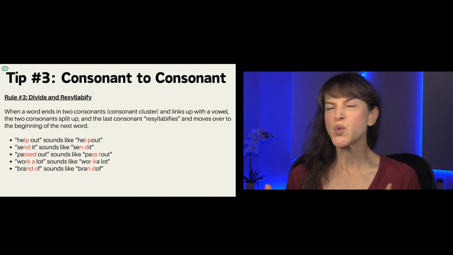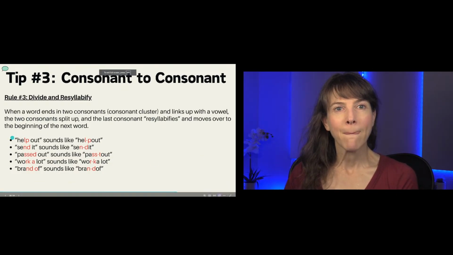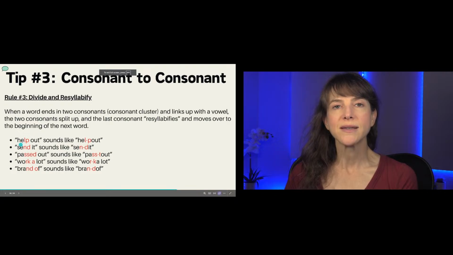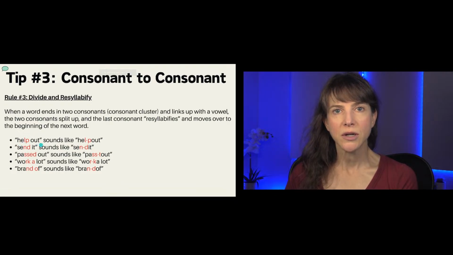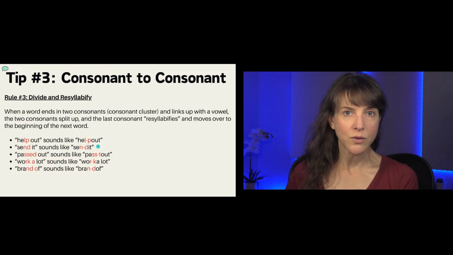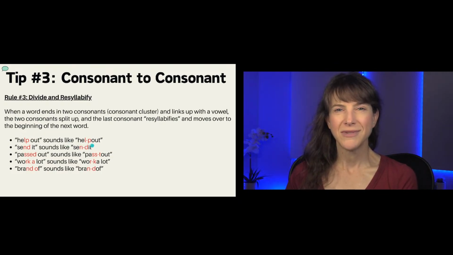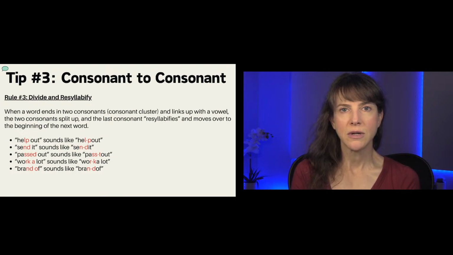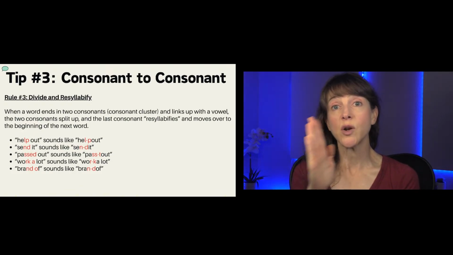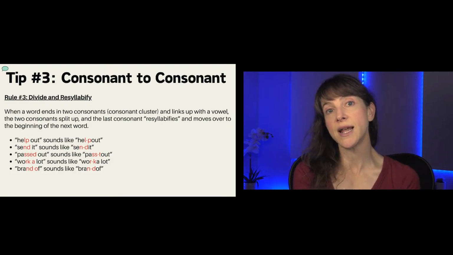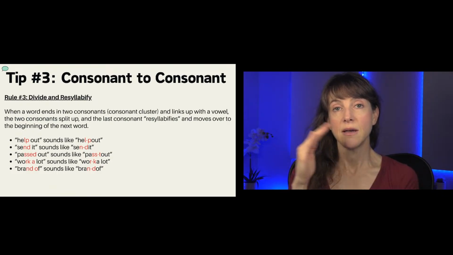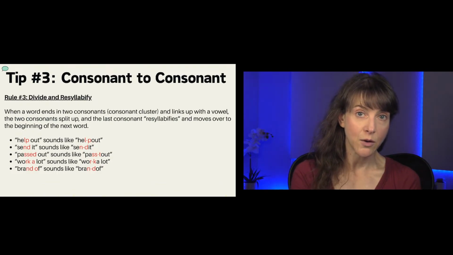So let me just read you these phrases, and it's gonna make sense when you hear it. The words help out sound like help out, not help out. That final P is going to split away from the L and move over to the next word. Help out.